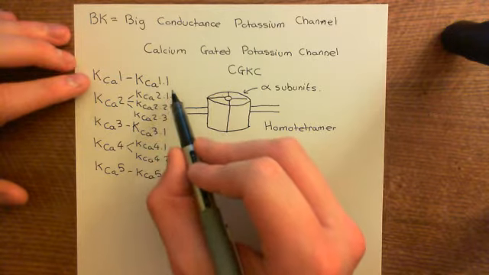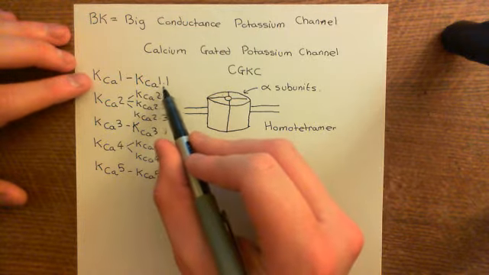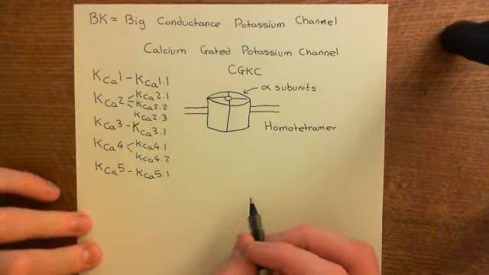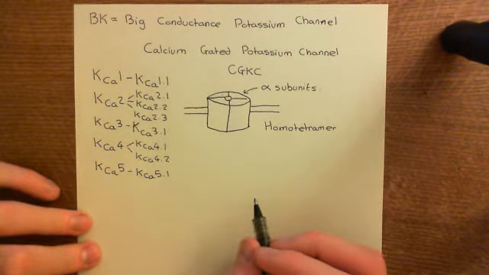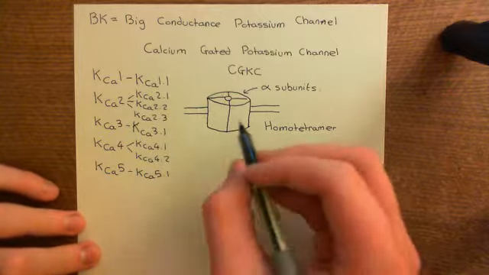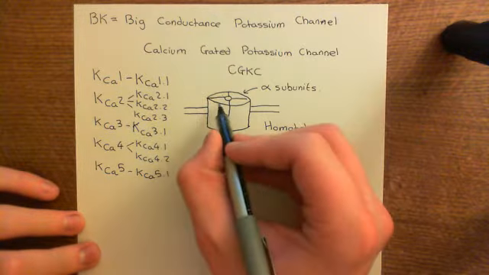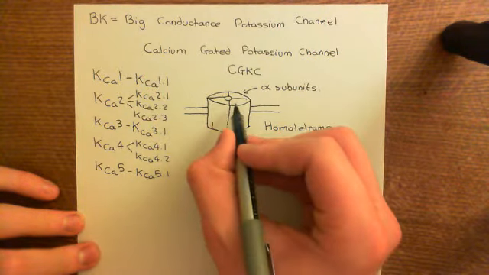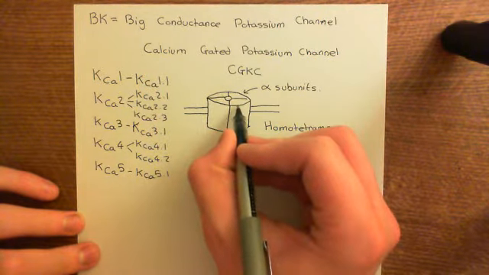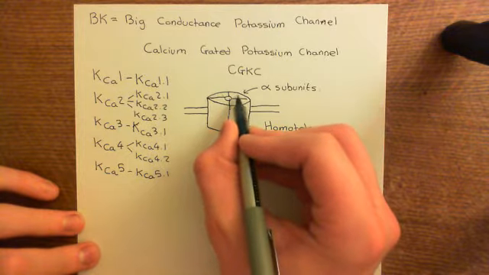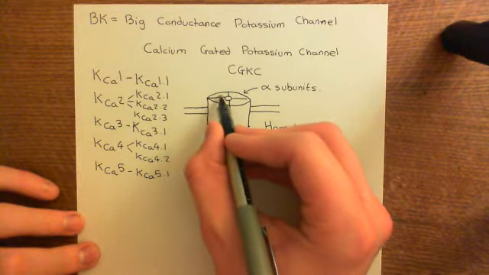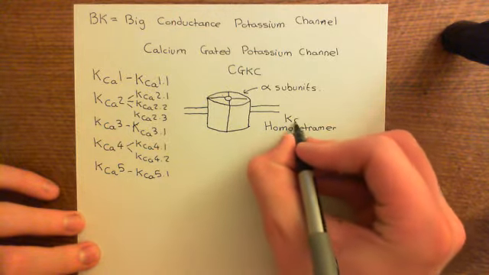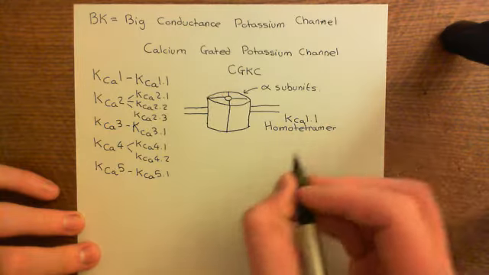between families. So KCA 1.1 is the only member of the KCA1 family, so it doesn't have any other alpha subunits that it can mix and match with, so it's forced to make homotetramers. So you'll put 1 KCA 1.1 protein in here, 1 KCA 1.1 protein here, 1 KCA 1.1 protein here, and 1 KCA 1.1 protein here to create what is known as a KCA 1.1 homotetramer.